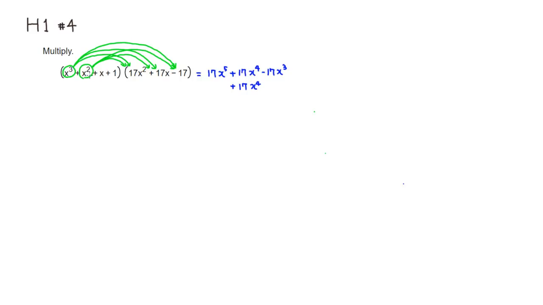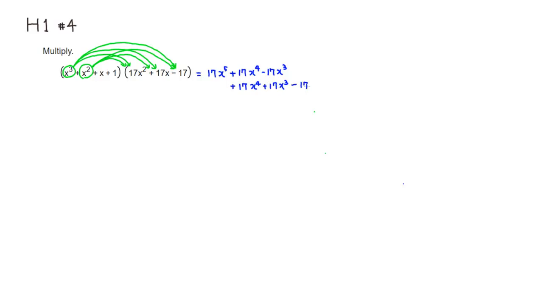Next one would be 17x cubed, so plus 17x cubed. The next one would be minus 17x squared.